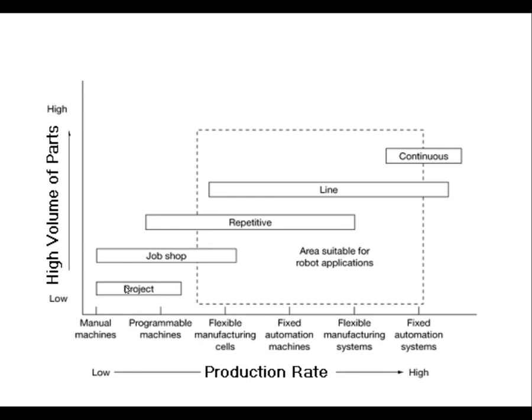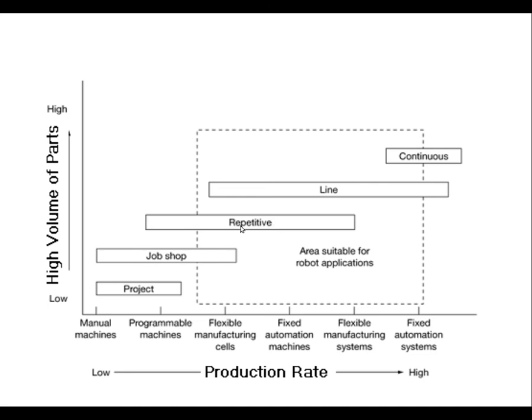A project could be a bridge or a building. It was usually a one-time sort of thing that was unique, and so it doesn't necessarily lend itself to automation very well. And then we talked about the job shop, where you get maybe more than one of these things that you're going to do, but it's not a large number.